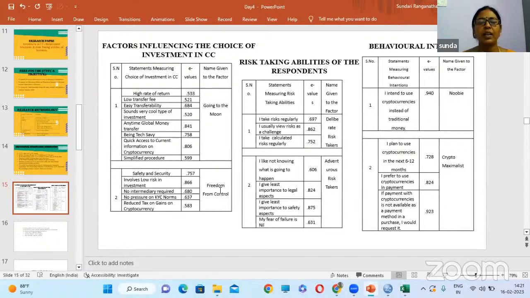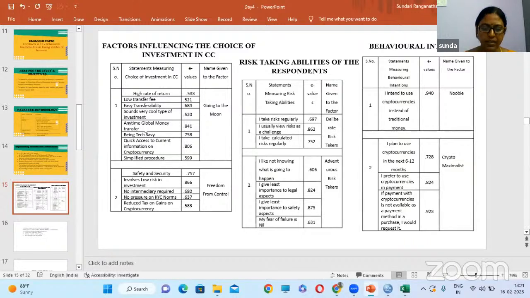So this is one category of people who are keenly interested in investing in cryptocurrency. If you look at the variables, they are low transfer fees, easy transferability, sounds like a very cool type of investment, anytime global money transfer. So going to the moon was their expectation. That is how I named this particular factor.